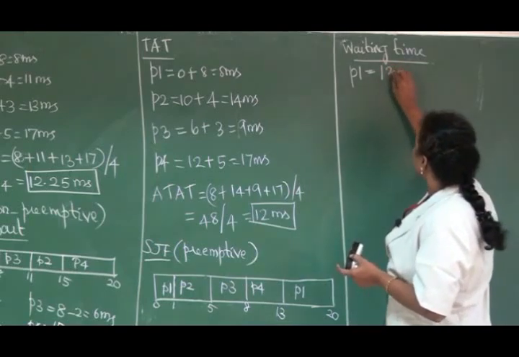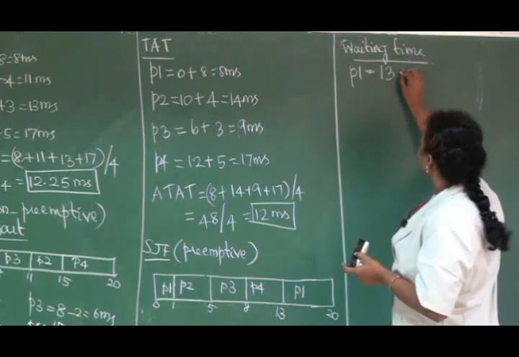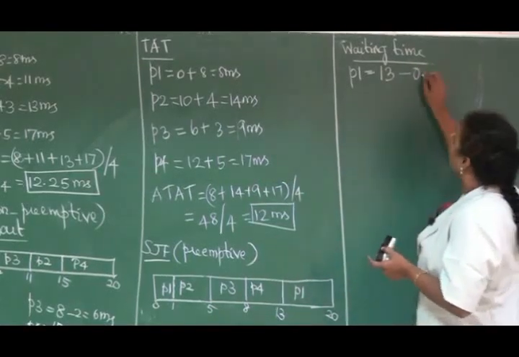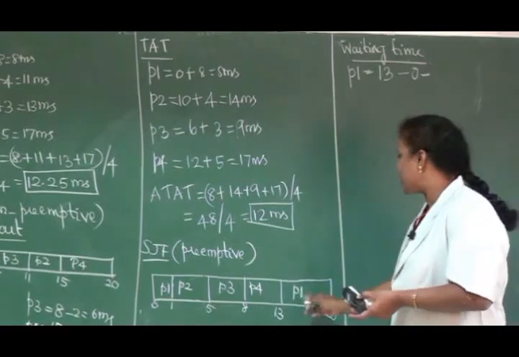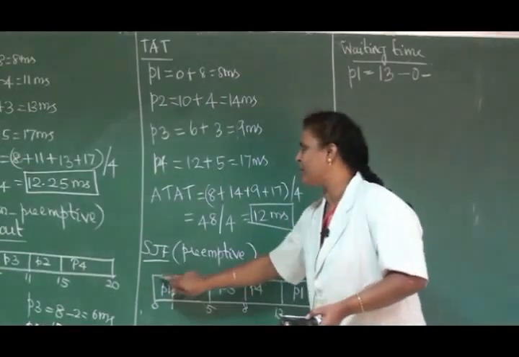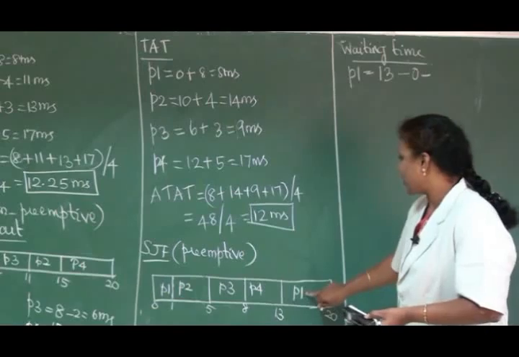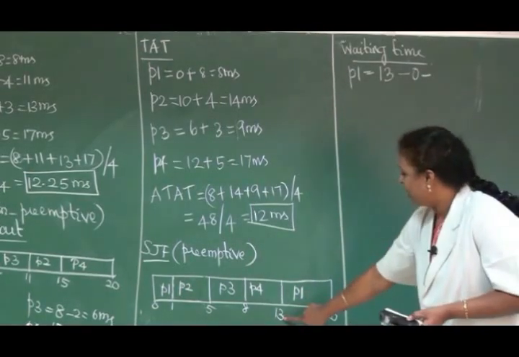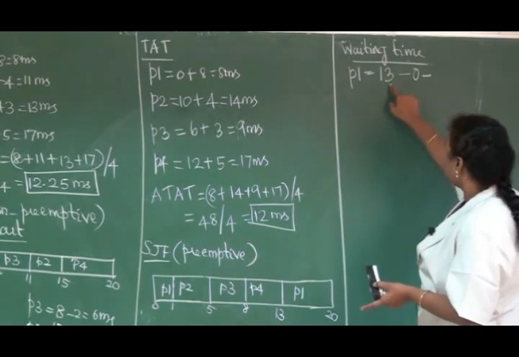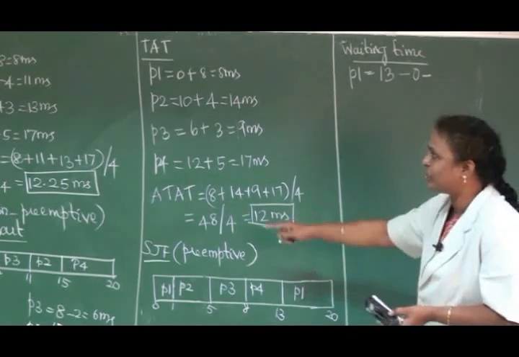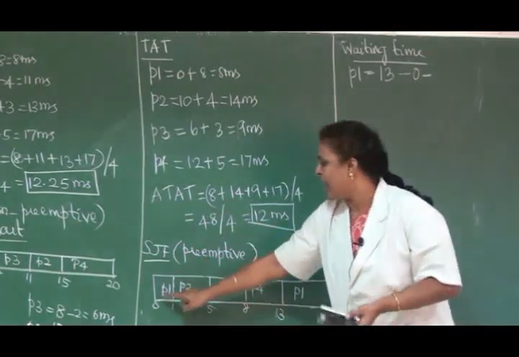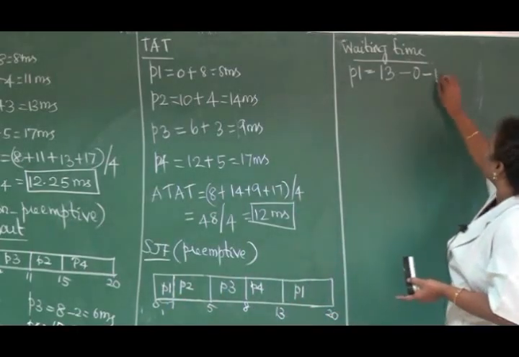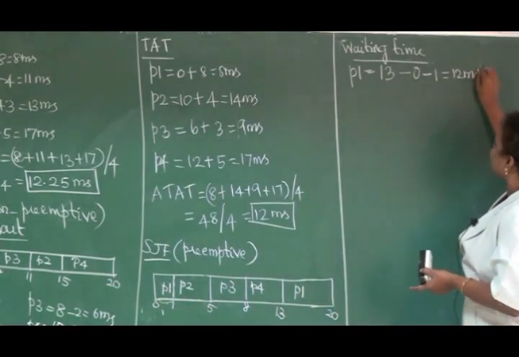So CPU is allocated to P1 in the 13th millisecond, minus arrival time, its arrival time is 0, minus how much time the process has already executed on the CPU, because here the process is getting the CPU more than one time. So the latest CPU allocation time is 13, minus arrival time, minus how much time the process has already been executed by the CPU. So this is executed for 1 millisecond. So 13 minus 1, this will become 12 milliseconds.